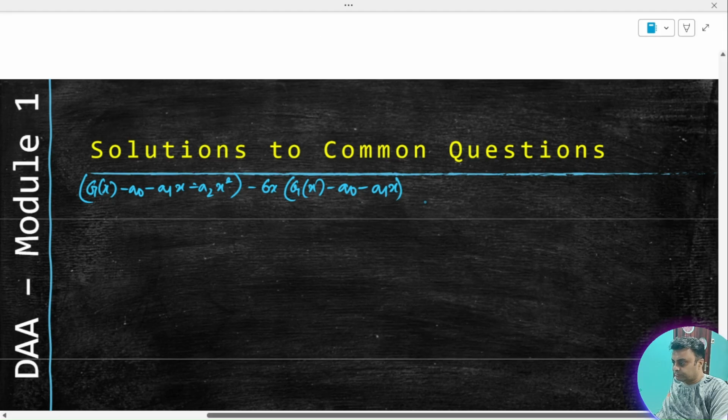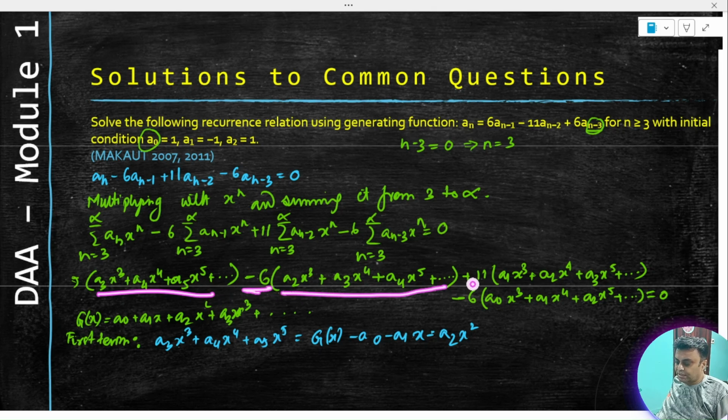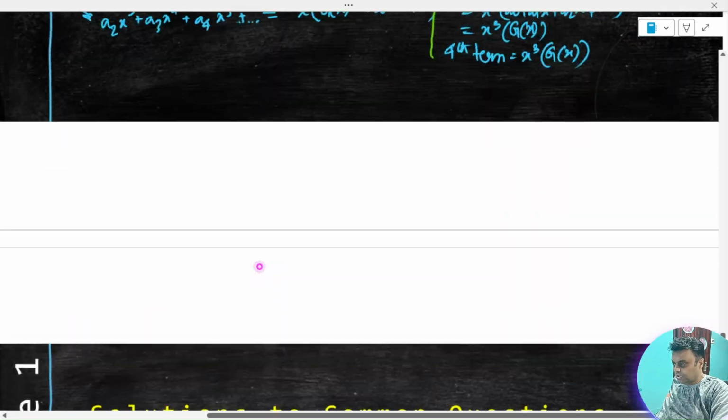If you see here, our equation that we had to solve was this. This is our first term, minus 6 for the second term, plus 11 for the third term, minus 6 for the fourth term, right? So that's what we are doing here.